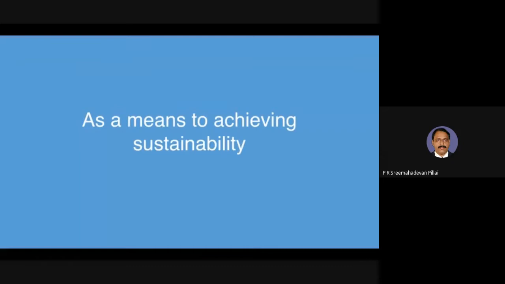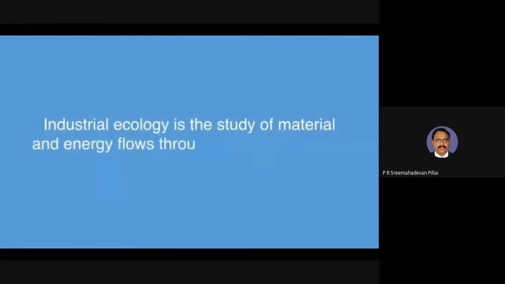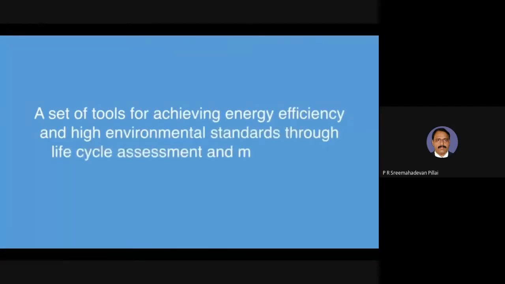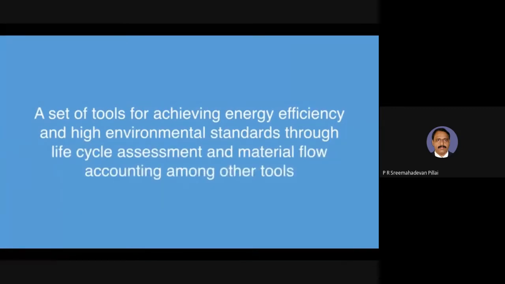A more common definition would read something like this: industrial ecology is the study of material and energy flows through industrial systems. Or on its most practical level, it may be understood as simply a set of tools for achieving energy efficiency and high environmental standards through life cycle assessment and material flow accounting, among other tools that are commonly used in the field.